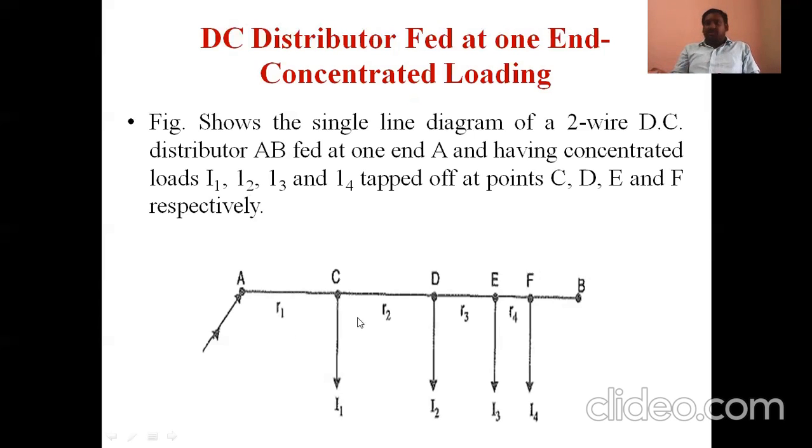By applying KCL, IAC minus I1 gives ICD, and ICD minus I2 gives IDE. By this procedure we can calculate the current in each section.